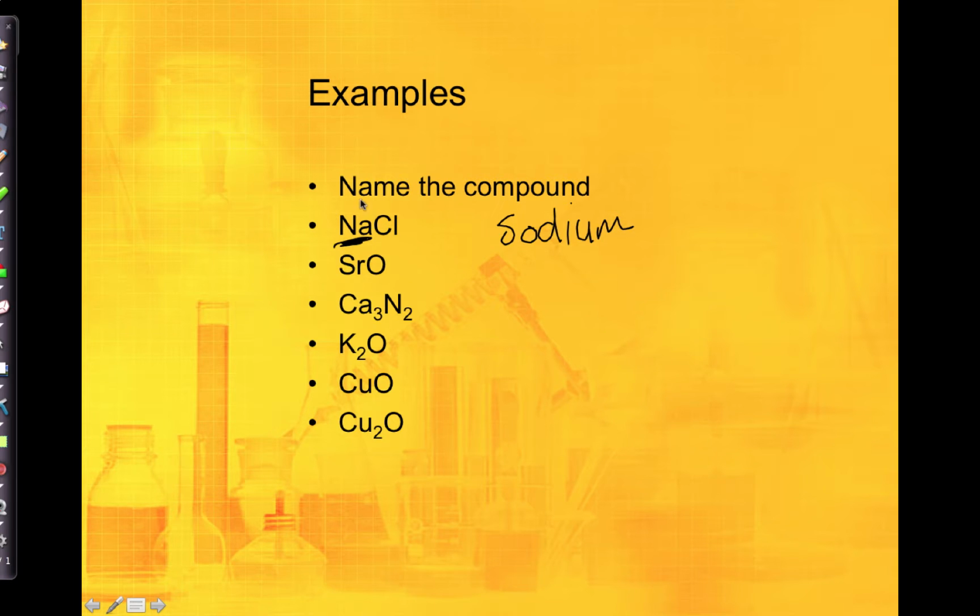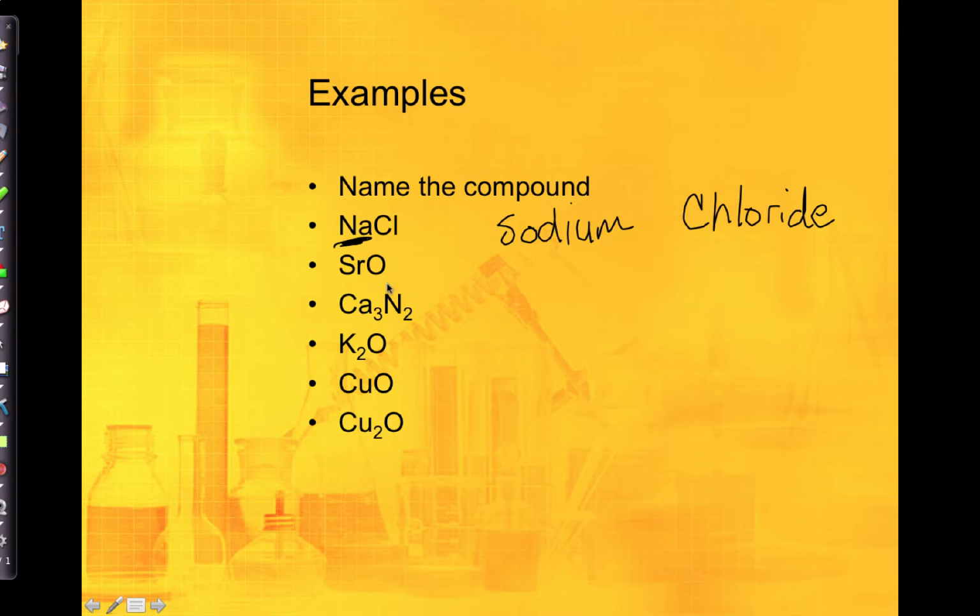Sodium is not an element that has more than one charge, so it's not a transition metal, it's not tin or lead, so I don't need to worry about the charge, so it's just sodium. It's always a +1, which is why I don't need to write it. Now the nonmetal, which is chlorine, will become chloride. So that -ine becomes -ide at the end. So it's just sodium chloride.